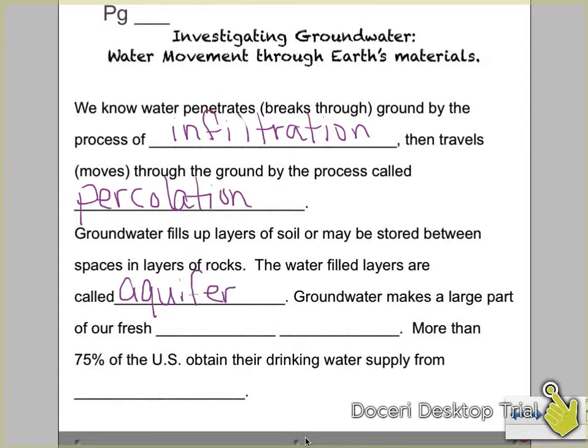Remember, aqua means water, fer means movement, like transferring. So we have aquifer. Groundwater makes up a large part of our fresh drinking water.